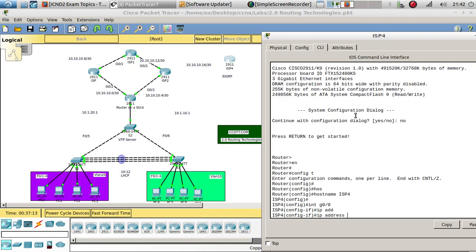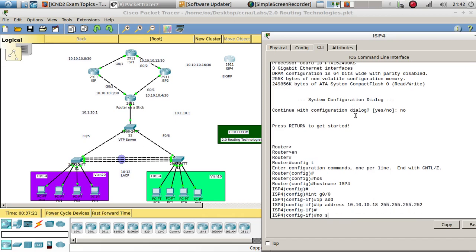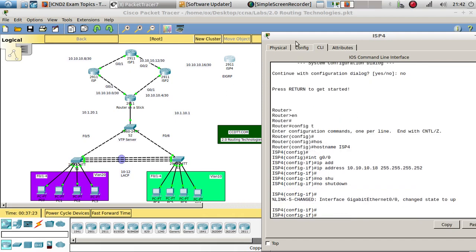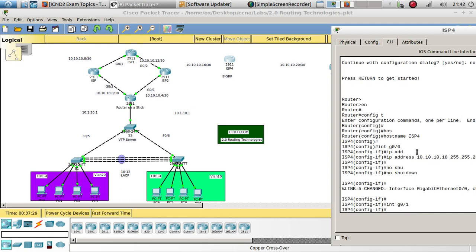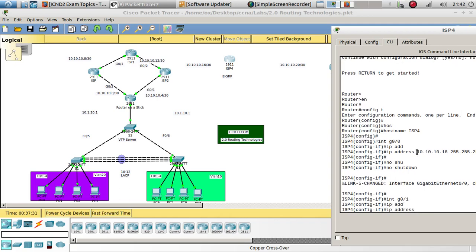We're going to have IP address 10.10.10.18, no shutdown. And then on the other side, which is going to be interface gigabit 0/1, we are going to have IP address 10.10.10.20/30.